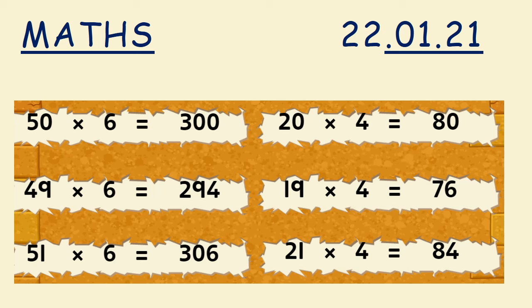I know it's 1 ten in 19. If I multiply it by 4 it equals 40. And it's 9 ones in 19. If I multiply it by 4 it's 36. If I add 40 and 36, this equals 76.